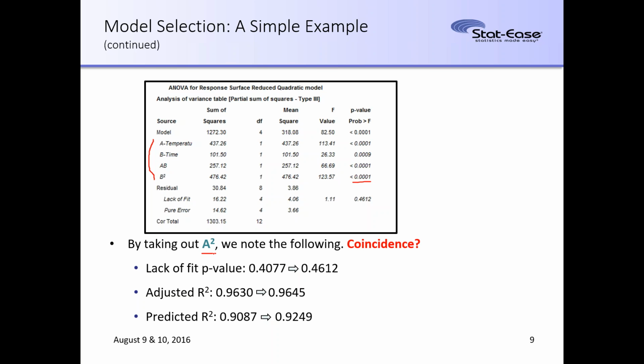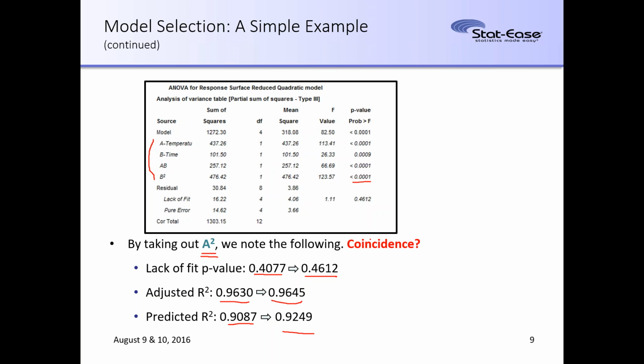Notice that by taking out A squared, I didn't put this information on the previous slide, but if you actually go through this on your own, you'll notice that the lack of fit p-value goes up from 0.4 to about 0.46. The adjusted R-squared goes up by a very tiny fraction, and the predicted R-squared goes up as well.